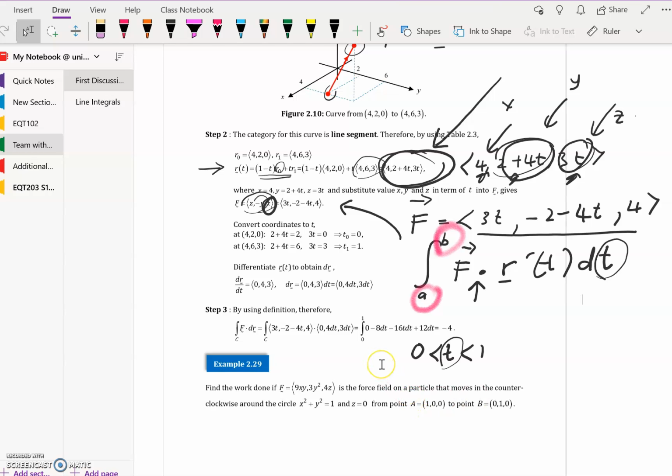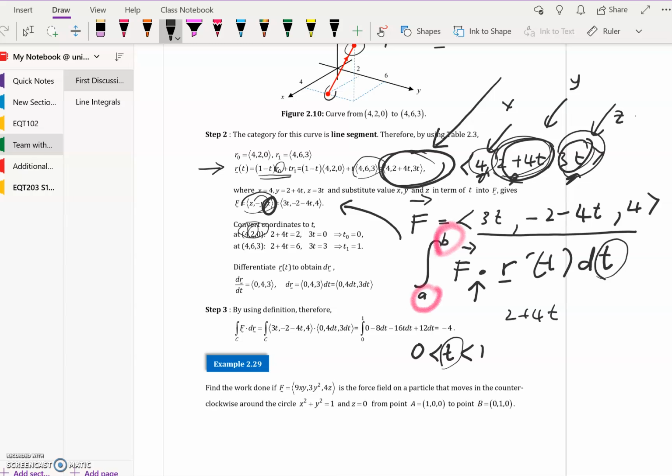If we start from the initial point (4,2,0), and our r is given by (4, 2 plus 4t, 3t), what is the value of t such that you get 4 equals 4? Nothing, so we cannot determine it from this one; t does not appear there. And then we go to 2 plus 4t. What is the value of t such that you will get 2 here?